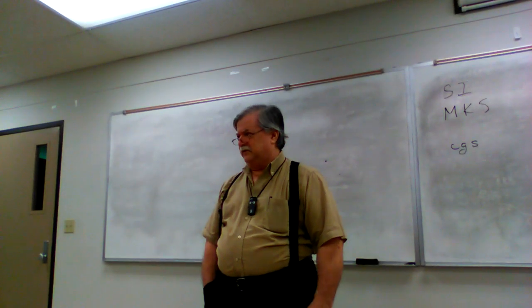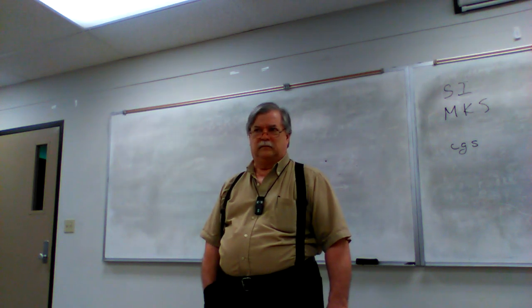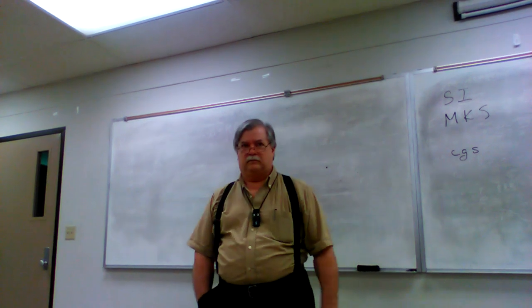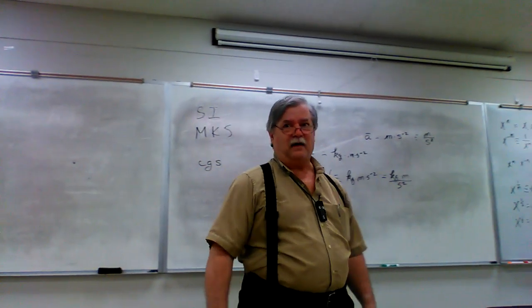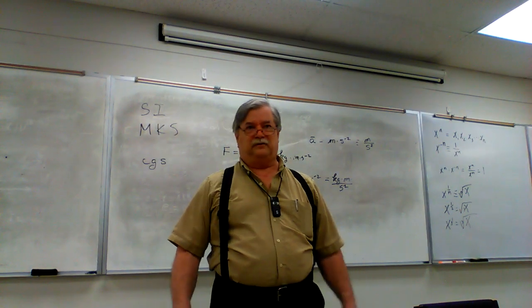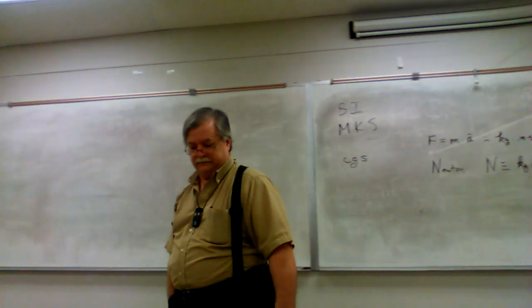Why do we say the mean solar day? A day, from sunrise to sunset, is not the same amount of time every day. It's different every day because the Earth is precessing on its axis.